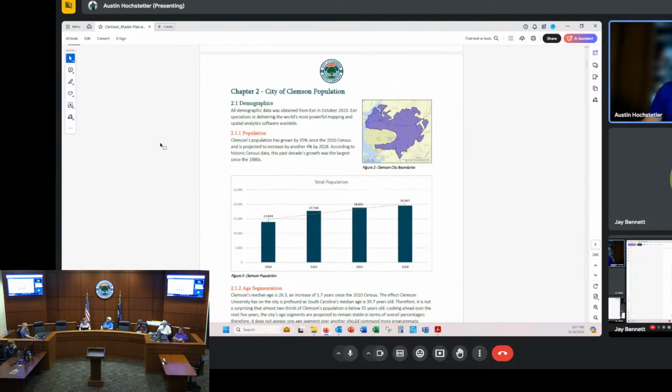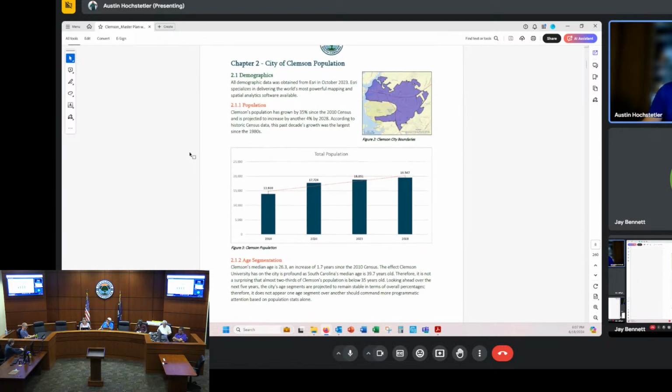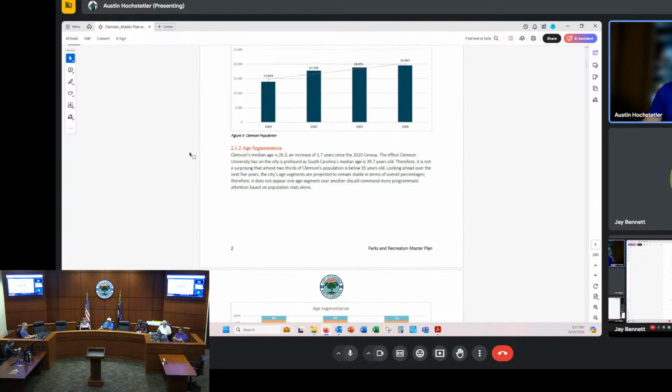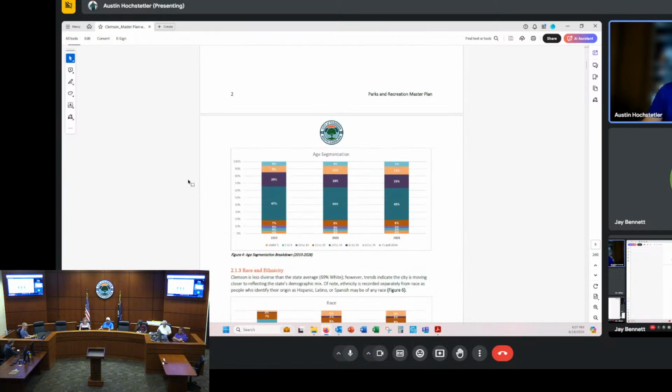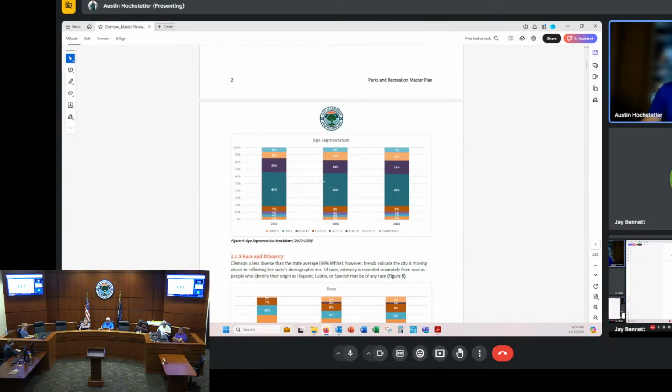In chapter 2, we utilized Esri, which is a mapping and spatial analytics software tool that's able to look at your particular city boundaries and pull out a lot of meaningful information. This chapter is all about population statistics and growth, and age segmentation, so how your community is changing or not.